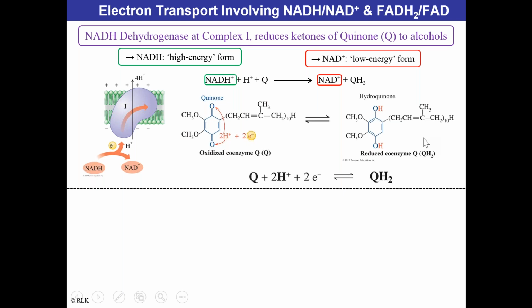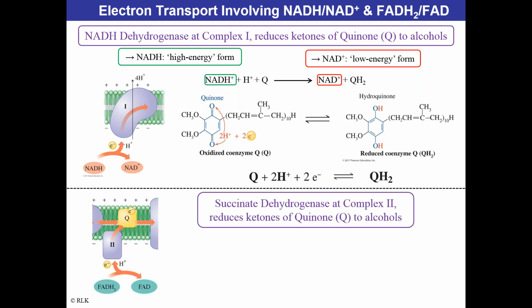So that is an example of what's going on, for instance, at that complex 1, which is a protein, right? It's a massive protein, and it's facilitated by this NADH dehydrogenase. Okay, so it can't just do that all by itself. And then you have succinate dehydrogenase at complex 2. So this would again be another example.